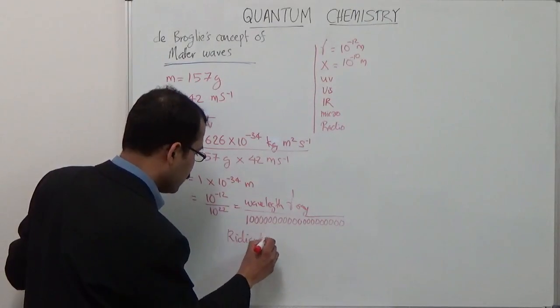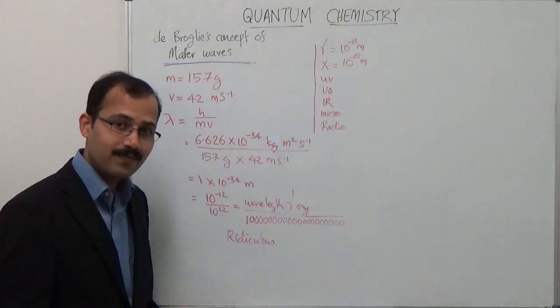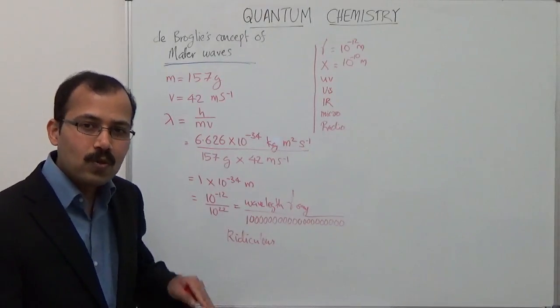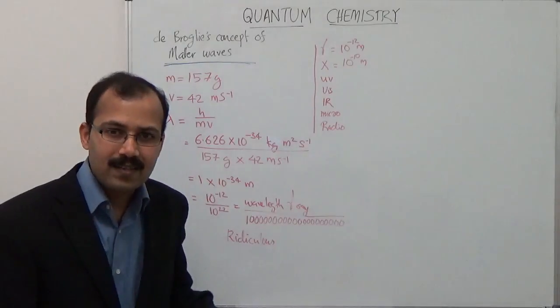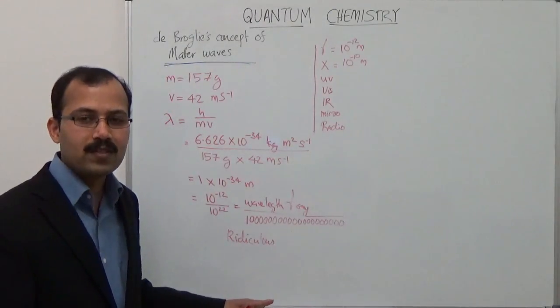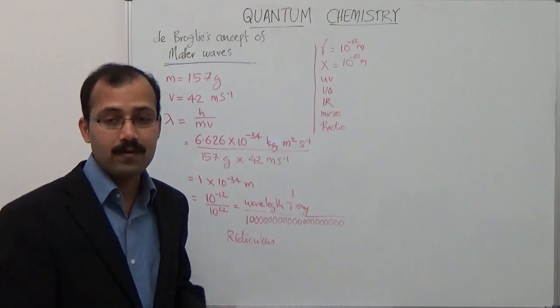Ridiculous. That's the best word to explain it. So the wavelength of a cricket ball is so negligible that we cannot detect it. It is so small, and the particle nature is the prominent feature in the case of the cricket ball.